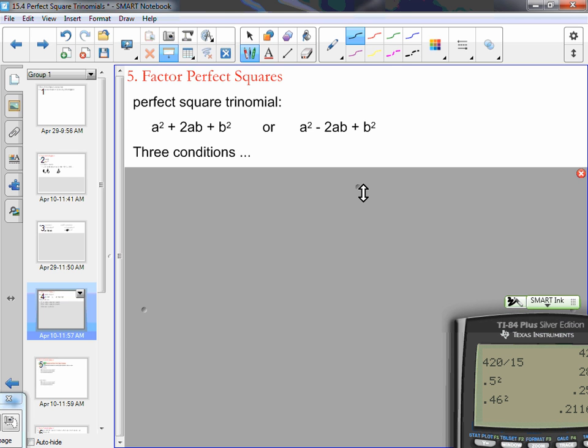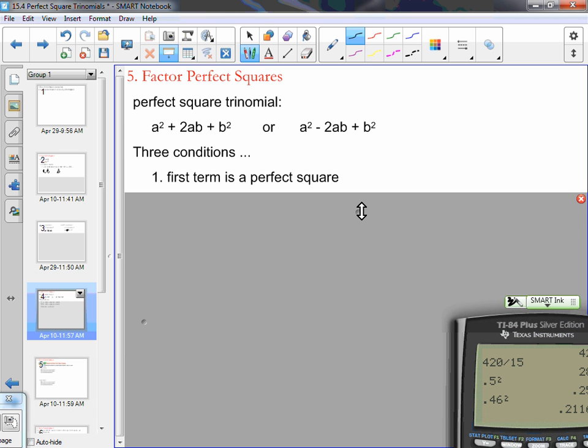Three things have to happen for you to know that you have a perfect square trinomial. The first term of the trinomial has to be that first term of the binomial squared. So the first term has to be a perfect square.